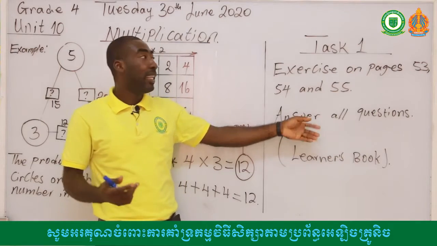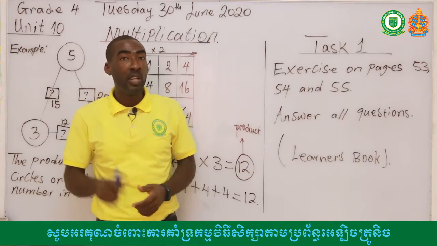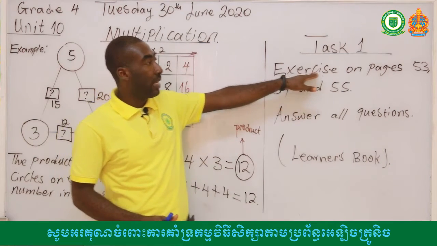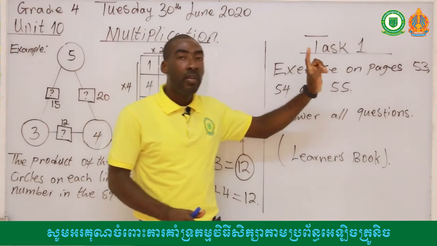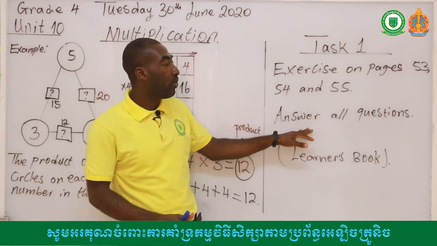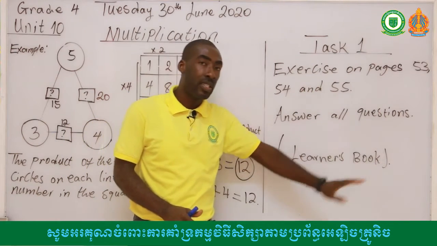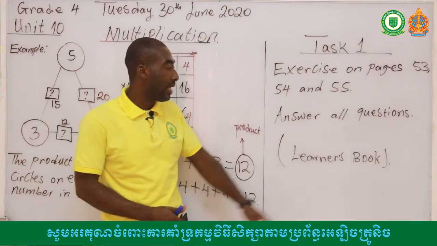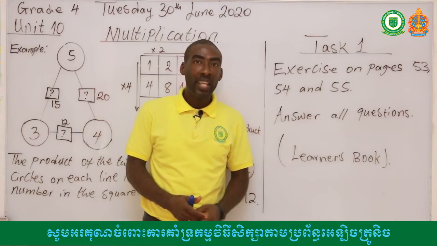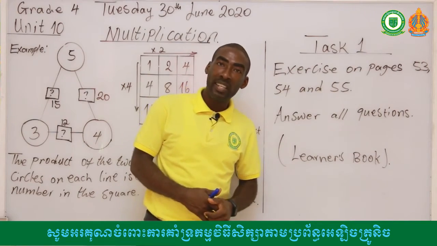Now let's move quickly into our first activity on our multiplication topic for today. Please, you are supposed to do exercise on pages 53, 54 and that of 55. You are supposed to answer all questions on that particular exercise and you can find that exercise at the learner's book session. I'll see you in our second video.